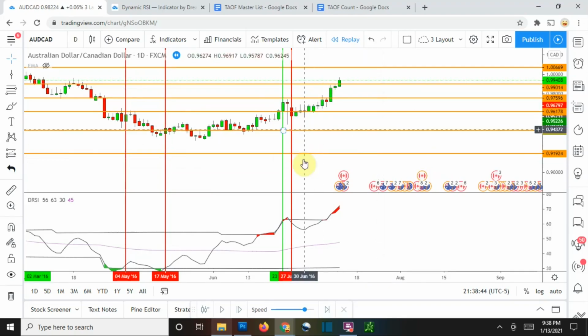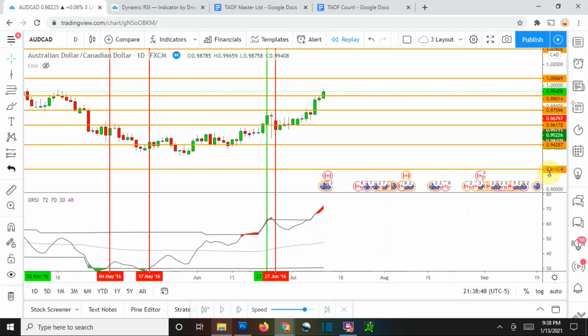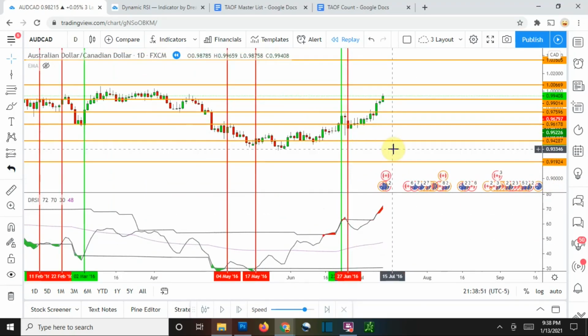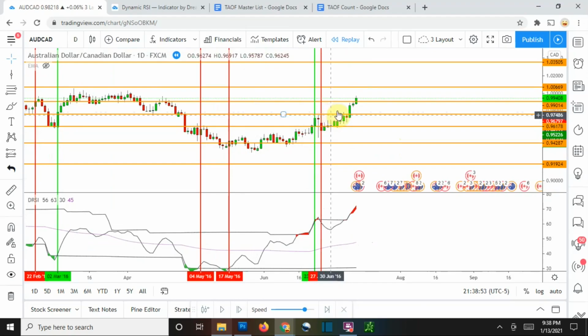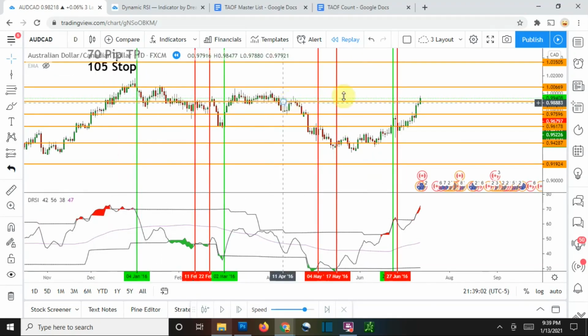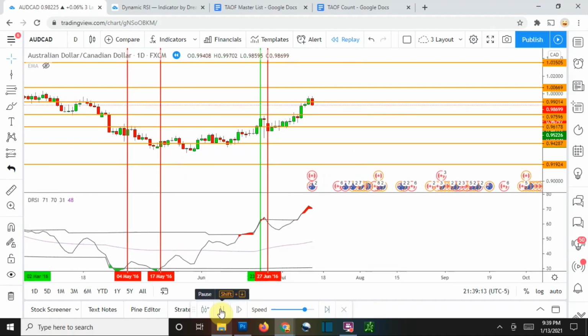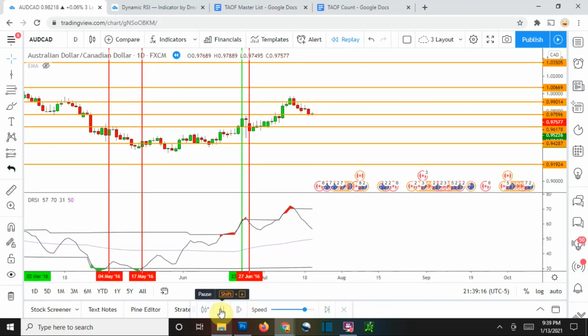That one would have gotten us stopped out, and now we're back up into the overbought area, up into the red area. We've seen that price action has moved rather nicely up here. We're running right into this zone where, if we look back, we had lots of rejections, so we can probably anticipate that price action is going to have another interaction or reaction to this area. Let's go ahead and play it out and see what happens.